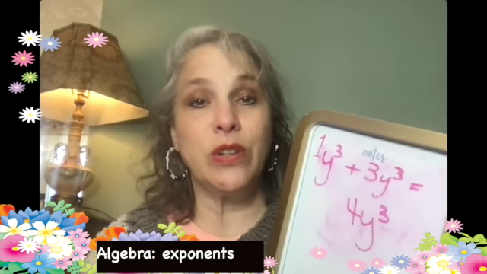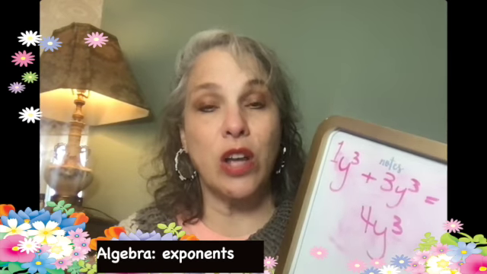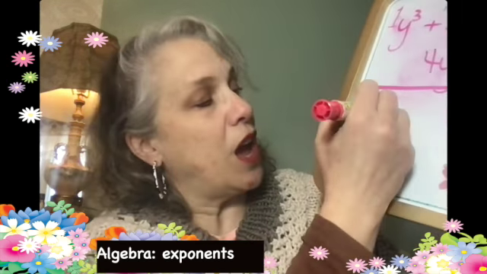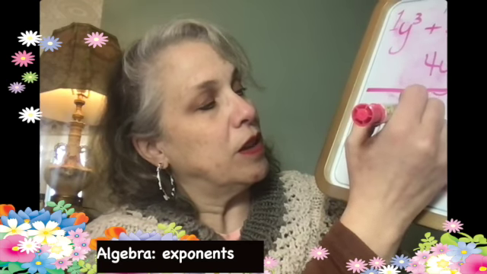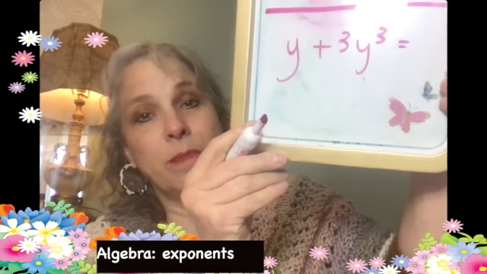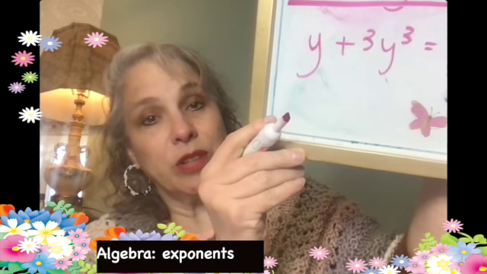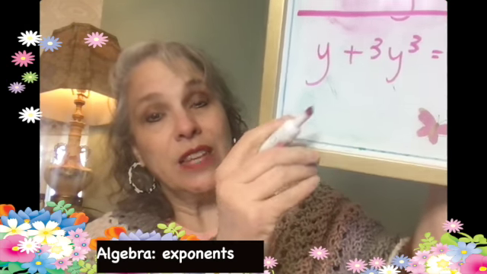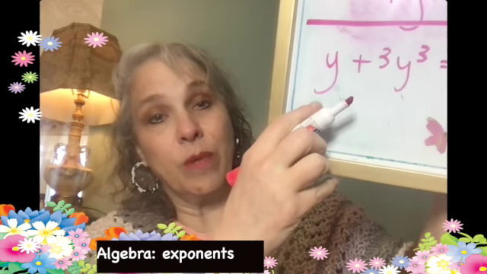The rule that you need to remember is that you do not combine anything unless they are like terms, okay? So example, if I had y plus 3y cubed, I cannot combine y plus 3y cubed. This is in its simplest form. I can only combine the terms that are the same.